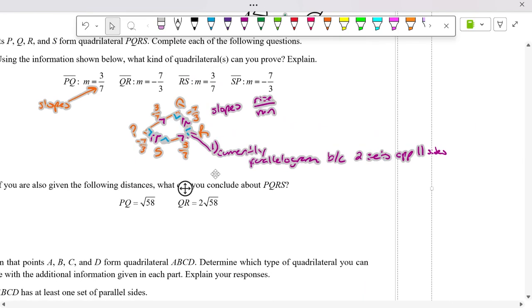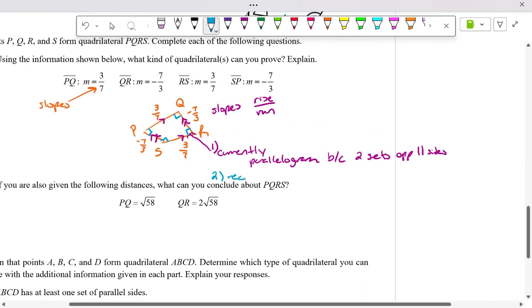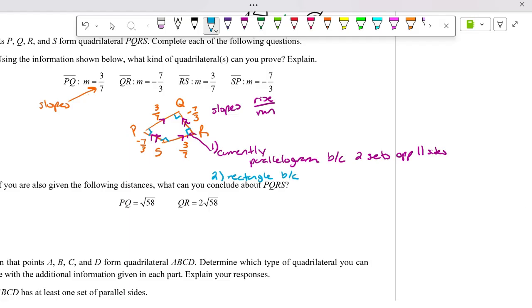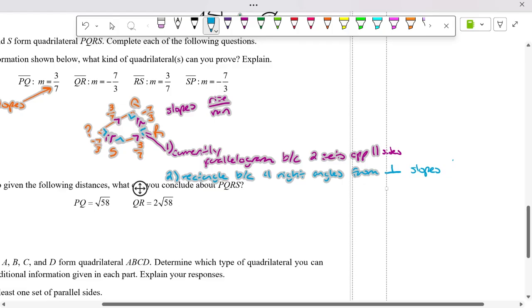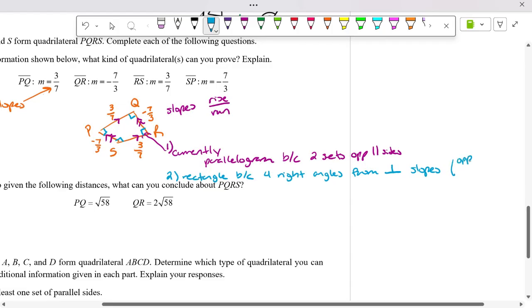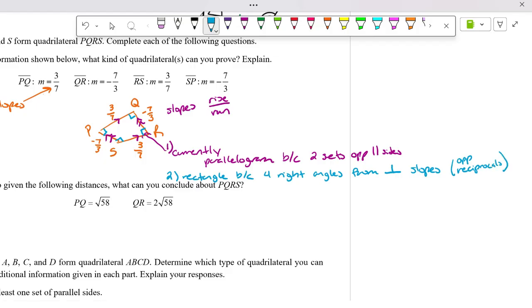So we can finally say that it's a rectangle because we have 4 right angles from perpendicular slopes. So remember, that's opposite reciprocals. If the slopes are opposite reciprocals, that means they're perpendicular.